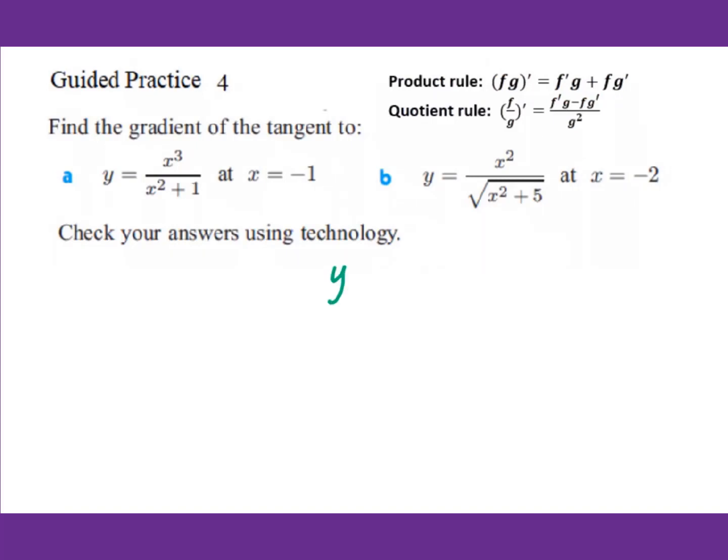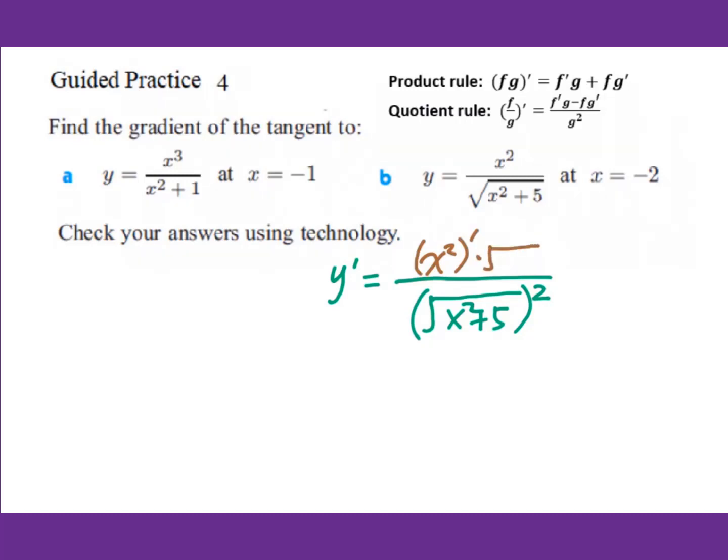For derivative of y, you will get square root x squared plus 5 squared. Then we do derivative for x squared times denominator, that's square root x squared plus 5.